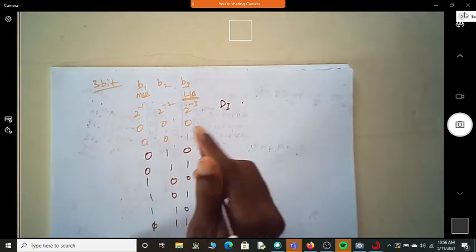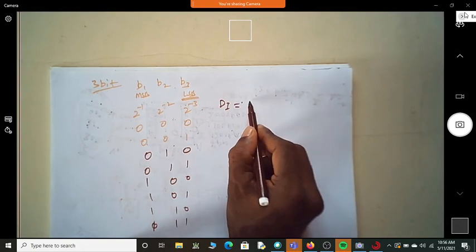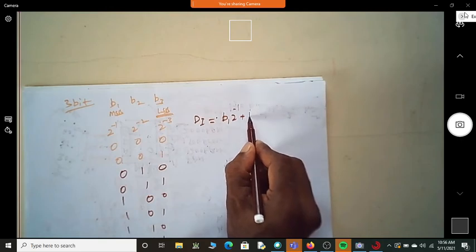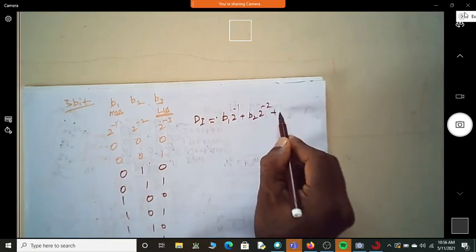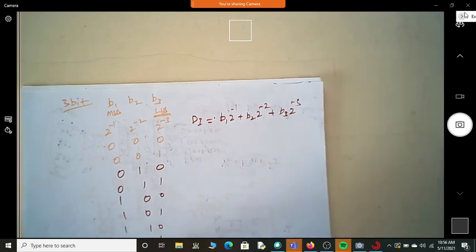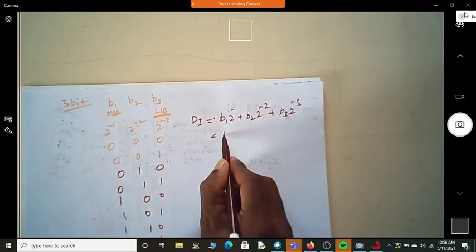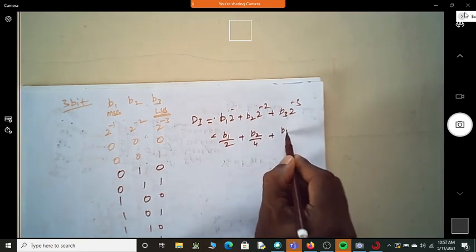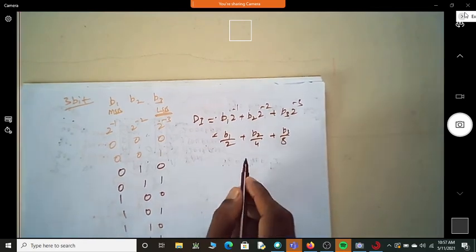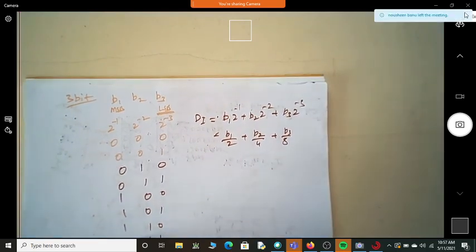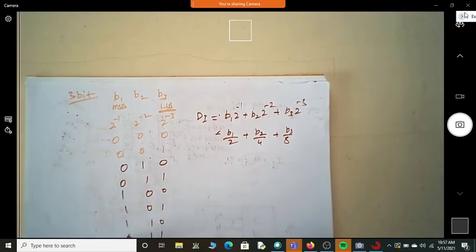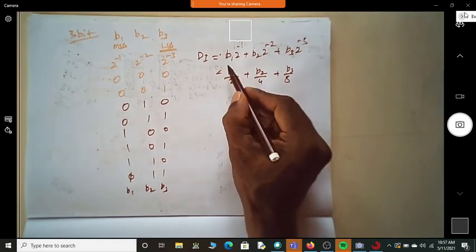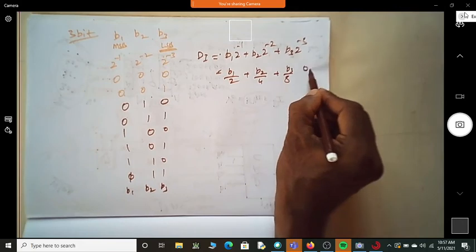So instead of writing all these values, DI is equal to B1 2 power minus 1 plus B2 2 power minus 2 plus B3 2 power minus 3. The value of this is B1 by 2 plus B2 by 4 plus B3 by 8. Correct? B1, B2, B3 can be either 0 or 1.